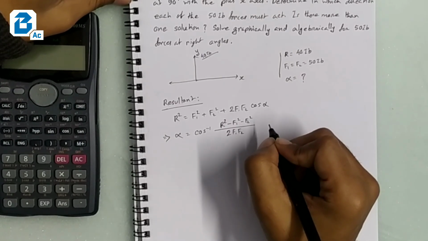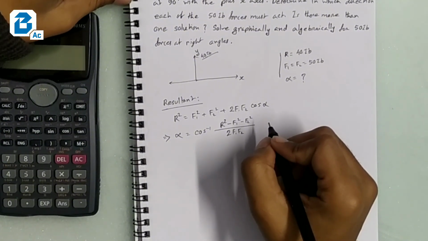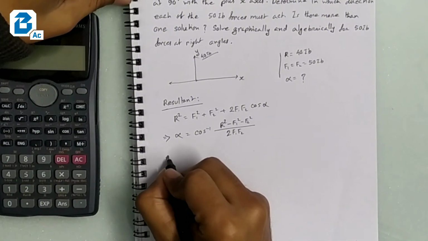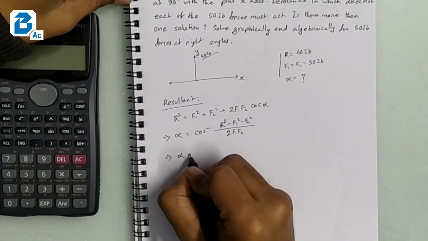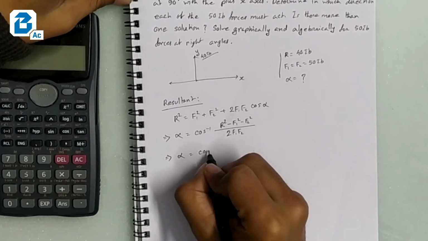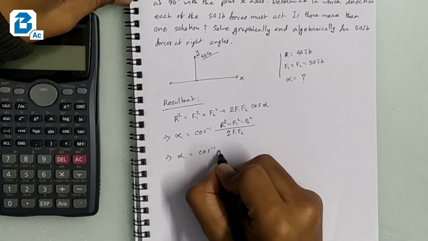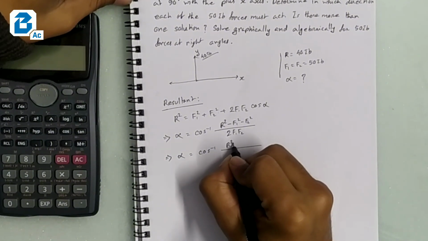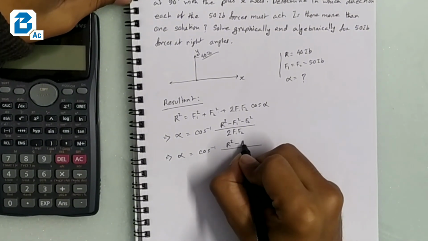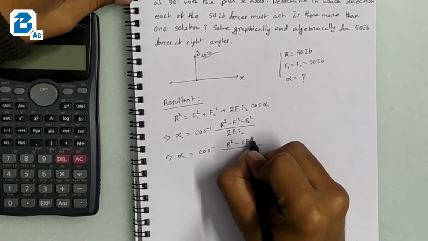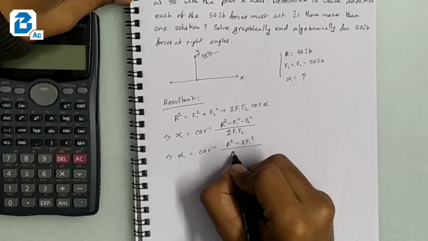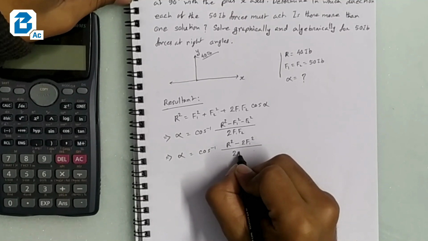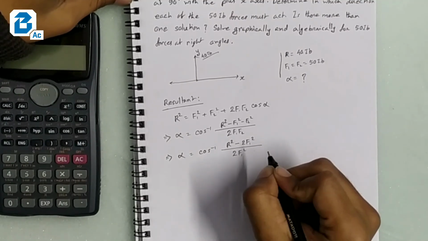Because F1 is equal to F2, so let's convert them to F1. Then we will get cos inverse R square minus 2 F1 square divided by 2 F1 square.